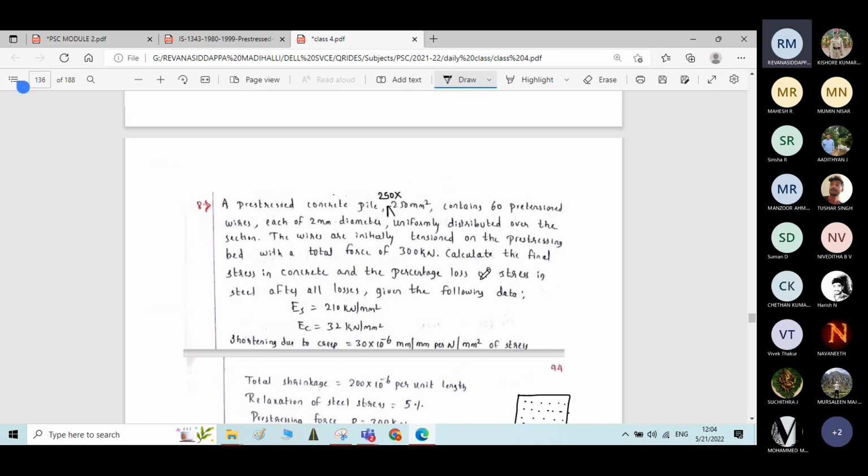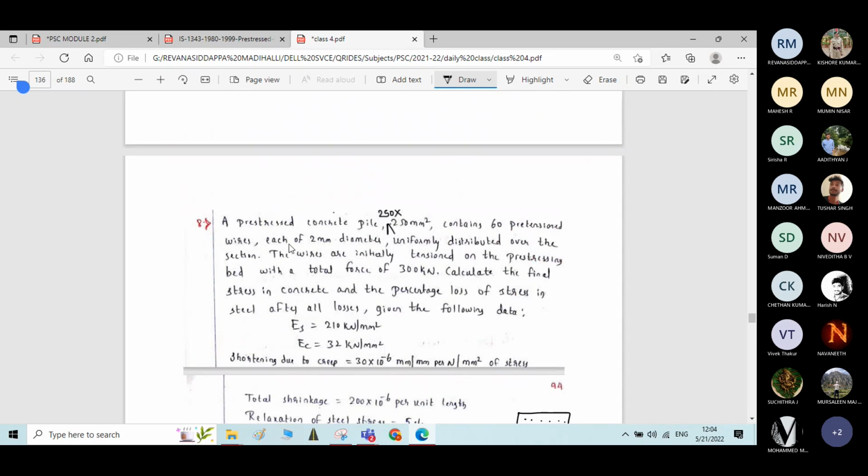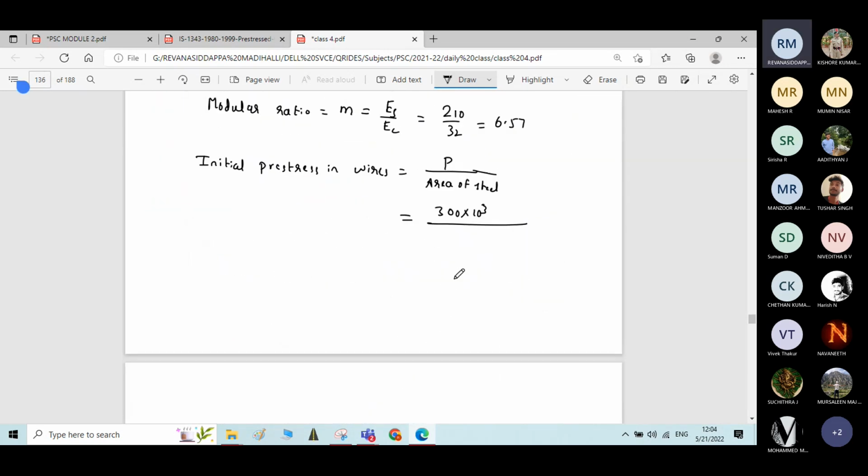There are 60 wires, each having 2 mm diameter. So the area of one bar is pi d square by 4, pi into 2 square by 4, into 60 numbers. By this we get the initial pre-stress as 1591.54 Newton per mm square.